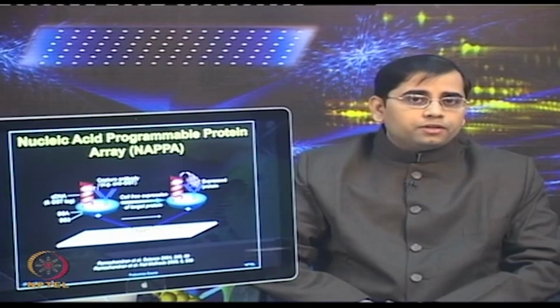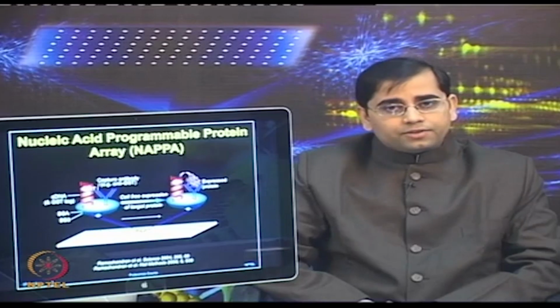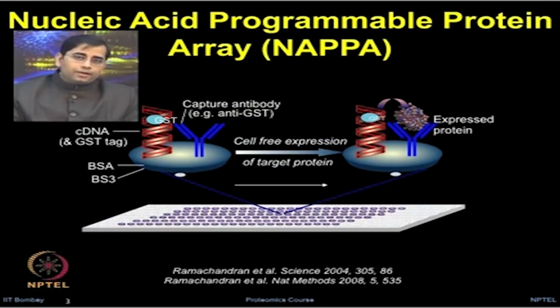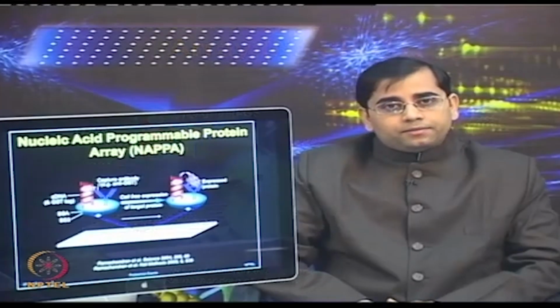Just to refresh you about nucleic acid programmable protein arrays, which we discussed in the previous lecture. As you can see in the slide, you have a microarray slide, and each feature, which I have highlighted in the expanded view, contains 4 components. One is cDNA containing a GST tag, then you have bovine serum albumin, BSA protein, a capture antibody such as anti-GST, and BS3 cross-linker.